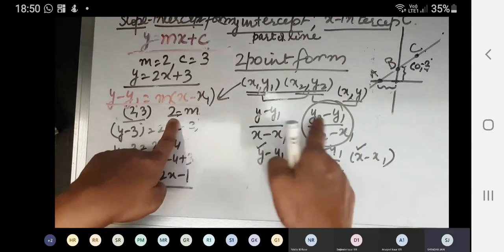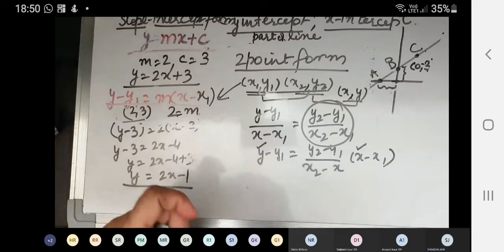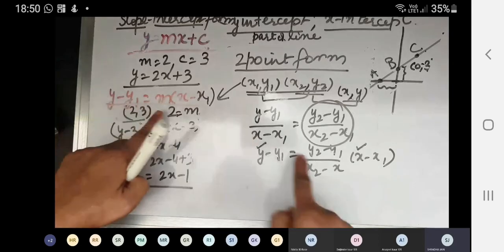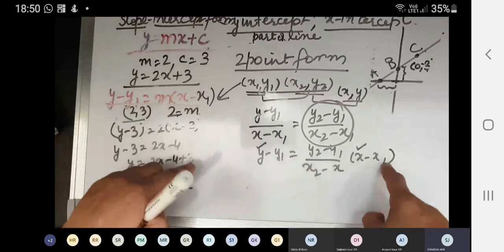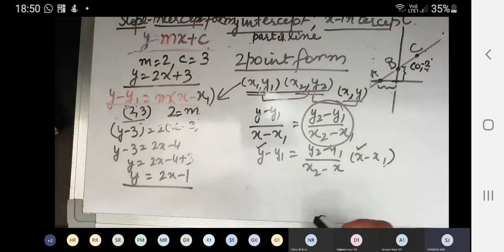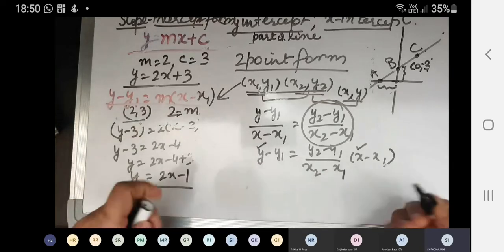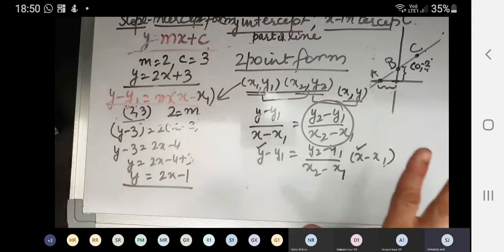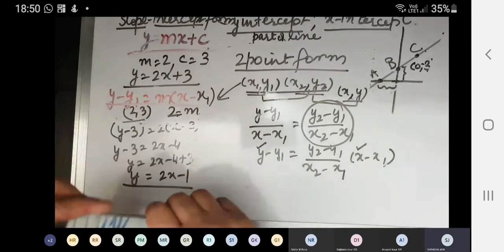Are they one and the same thing this way? In turn it is y minus y1 is equal to m into x minus x1. m was not given directly, it was given in the form of the points. You can obtain it. Have you understood all three ways of writing the equation?